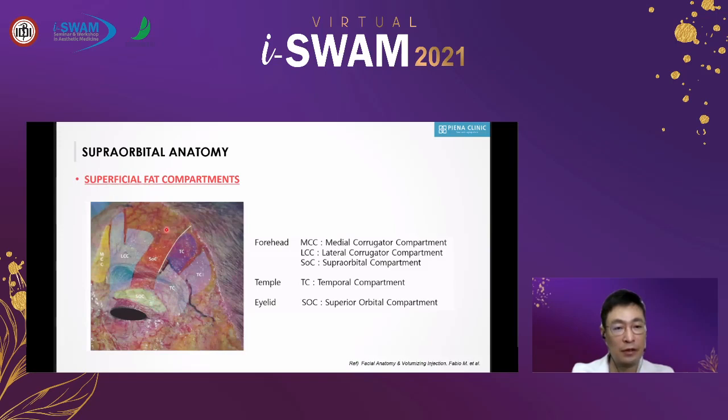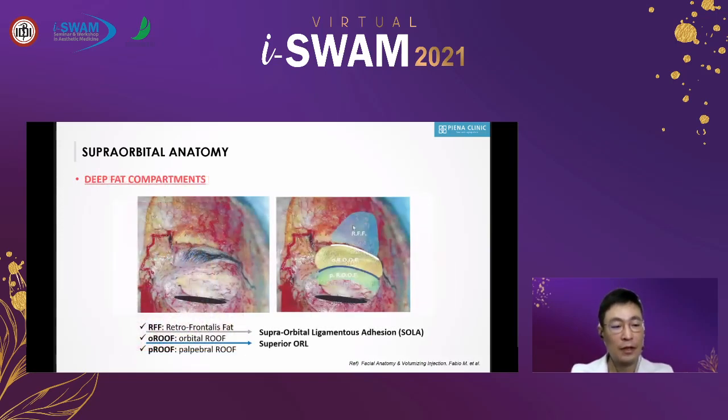So these parts are usually the target fat layer. However, there is also the retro-orbicularis oculi fat, which is a part of the deep fat layer. So if this deep fat is pulled together, the eyebrow will be lifted more effectively.